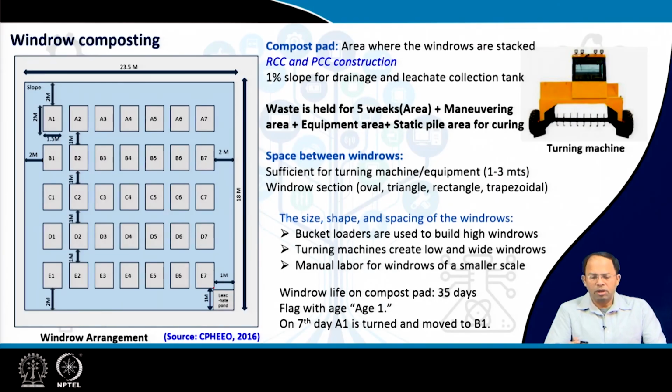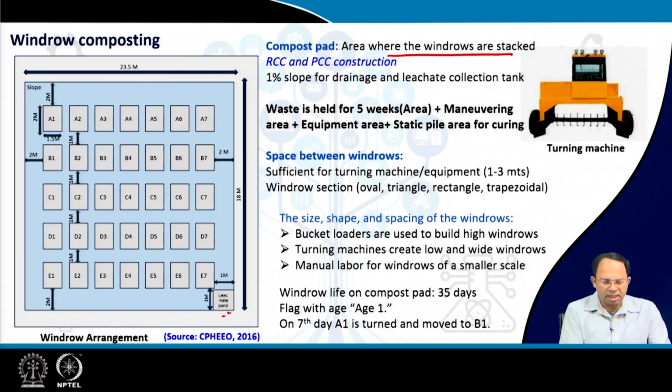Now, we have talked about tipping areas, pre-sorting areas and all these things. Then we have said that we require a compost pad and then there is a curing pad, right? The compost pad is the area where windrows are stacked. Like over here in this particular area, you can see this is a leachate pond and this is where the windrows are stacked.